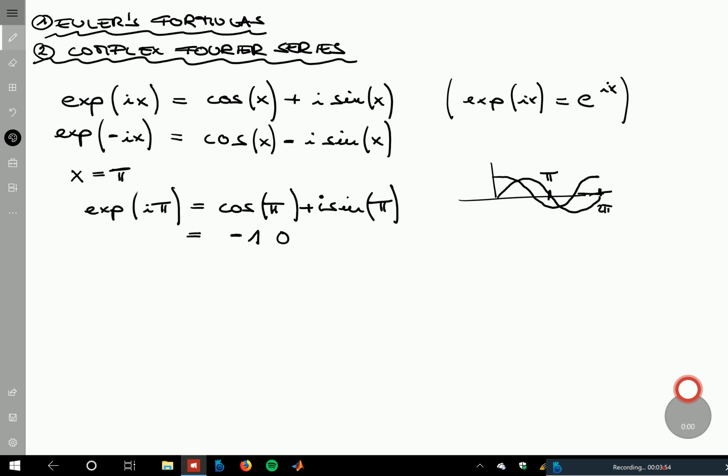So if you put the -1 on the other side, what you get is that e^(i pi) plus 1 equals 0, or even more shorthand, e to the power of i pi, plus 1 equals 0.